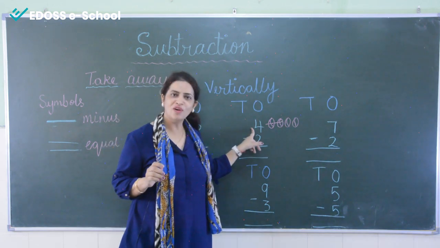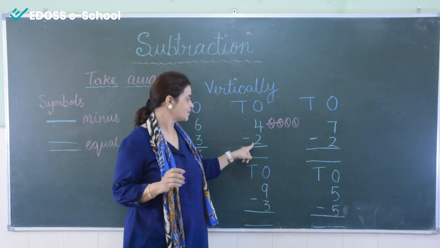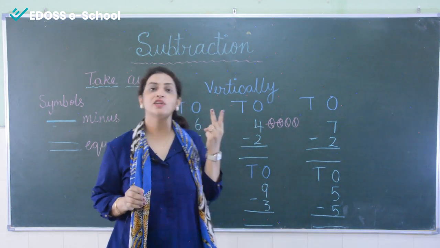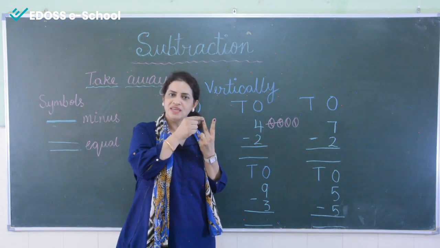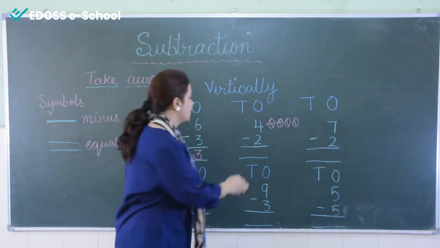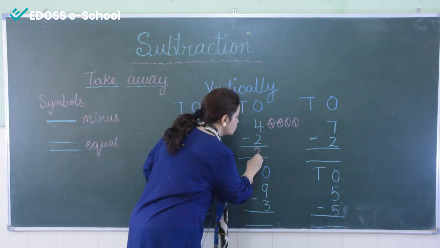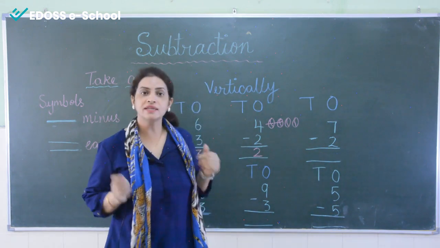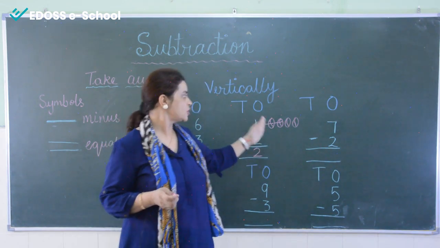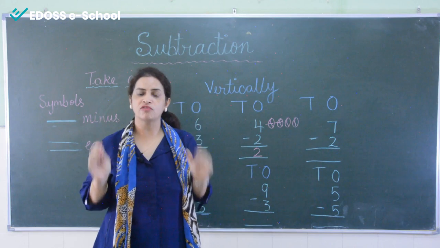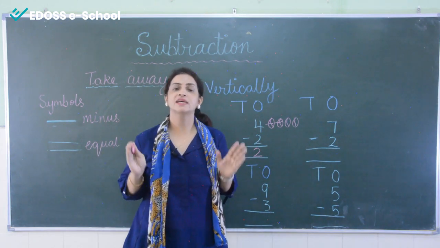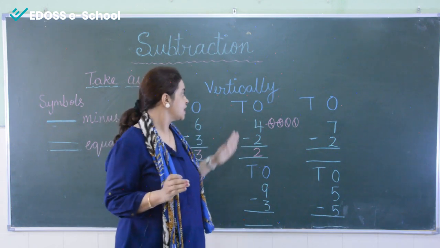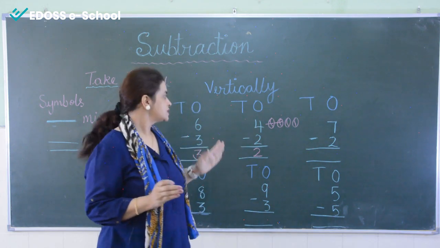How? 4 in your mind and 2 fingers out. And you have to count? Yes, before 4. 3 and 2. So I am left with 2 balls. So either way you do, by drawing objects or by using your fingers or by counting actual objects, you will get the same result. So this is what is subtraction.